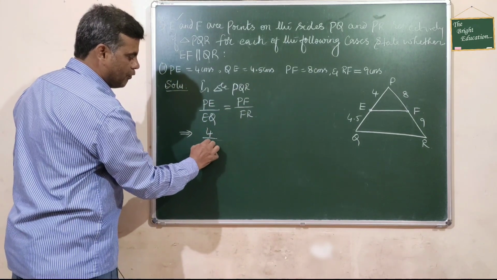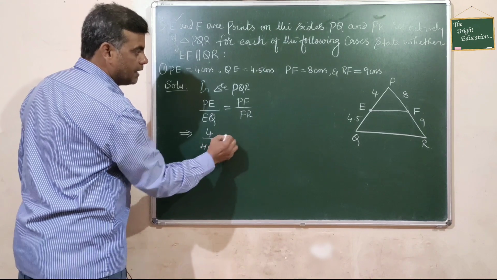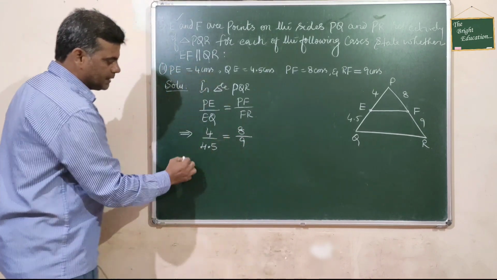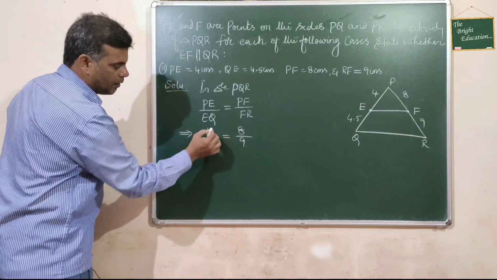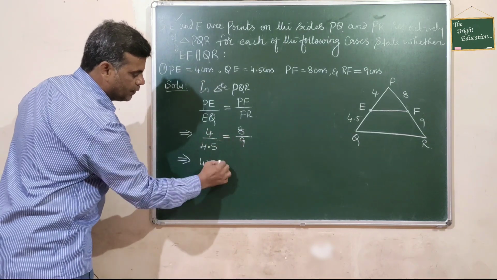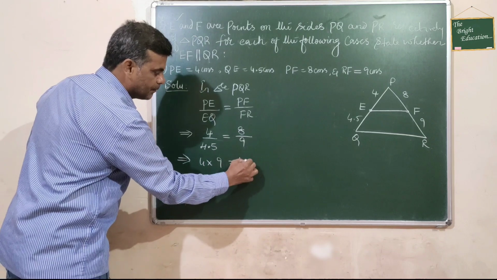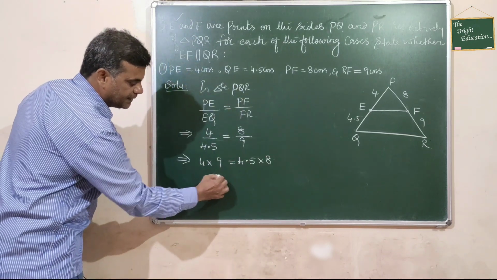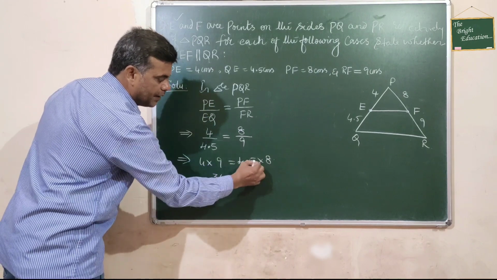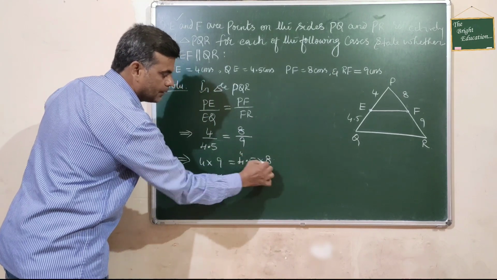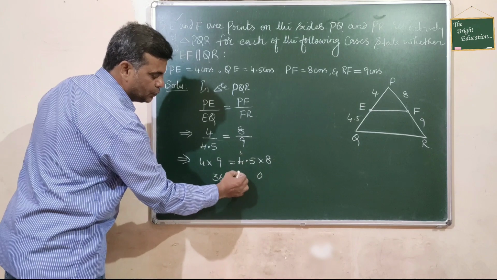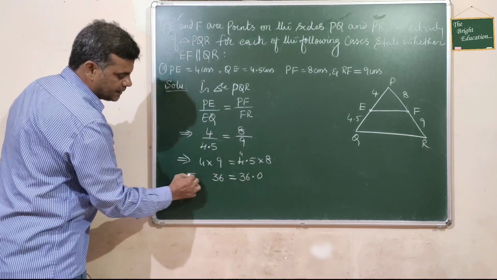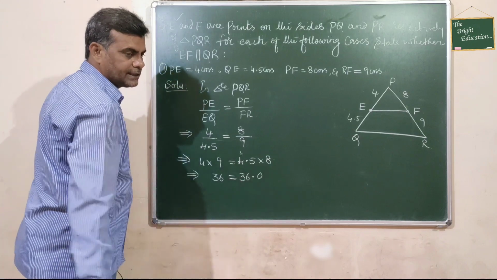4 by 4.5 equals 8 by 9. So let us multiply crosswise. 4 into 9 equals 4.5 into 8. 4 nines are 36; 8 into 4.5 is 36. We are getting the same result, 36 is equal to 36.